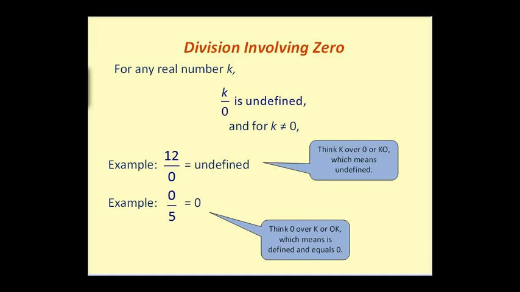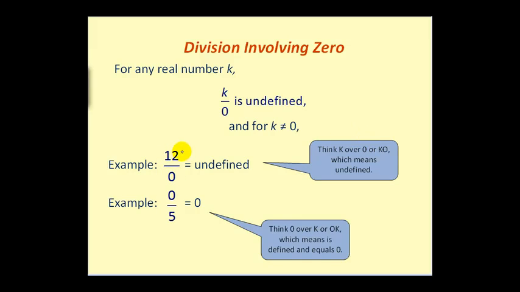Okay, let's take a look at division involving 0. For any real number k, k divided by 0 is undefined. So the two examples, first we have 12 divided by 0, the second example we have 0 divided by 5. The way I remember this is I take a look at this and I think some number k over 0.